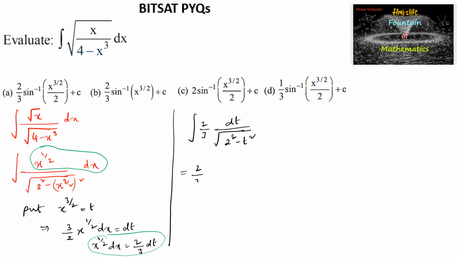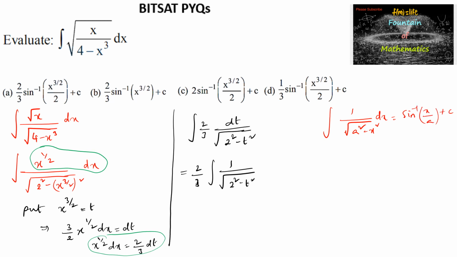So this is 2 by 3 integral of 1 upon root of 2 square minus t square, since we know that integral 1 upon root of a square minus x square dx is equal to sin inverse of x upon a plus c.